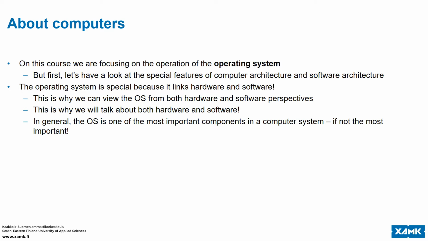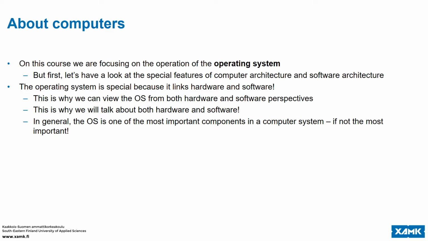So in order to understand how the operating system works to achieve the goal that is implicitly in the name of the course, operating systems and server environments, we have to look at some of the features of the computer architecture as a whole, and some of the features of a software architecture as a whole, in order to understand what the operating system actually does.